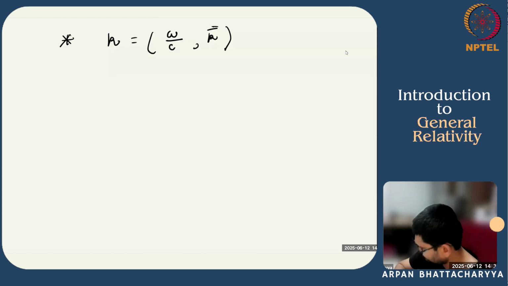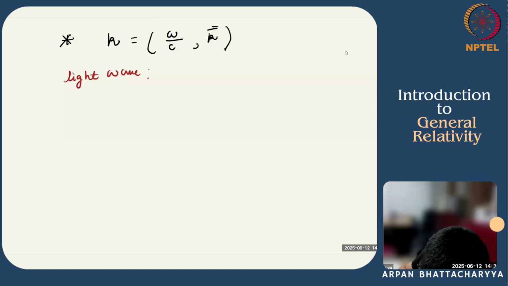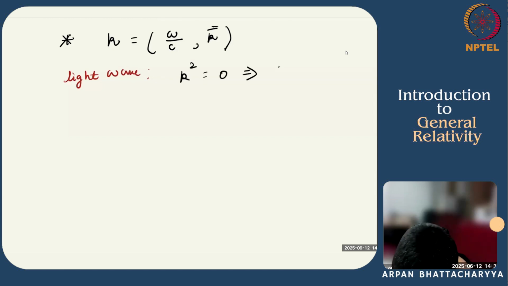For a photon or light wave, this norm must be 0. You will see that this implies that omega equals c times mod of k.